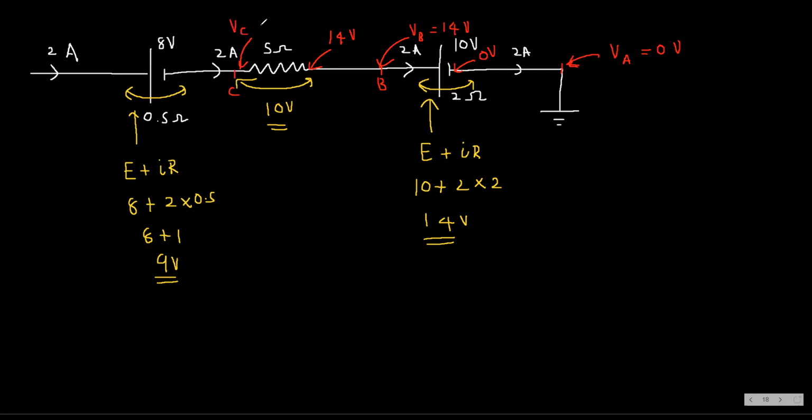Then VC is 24 volts. Then this one is the younger one, with voltage 24 volts. Then the voltage difference is 9 volts. Then point D voltage is 33.